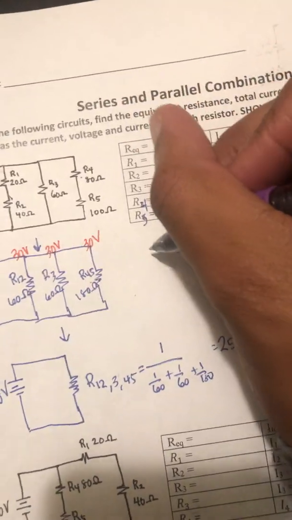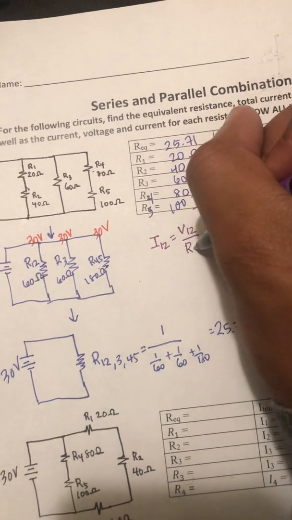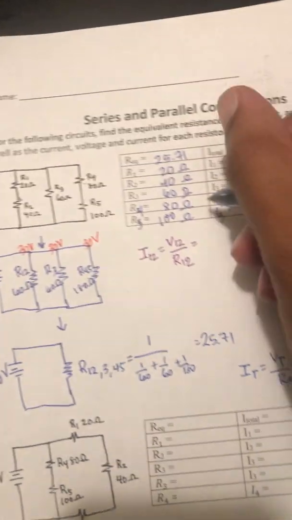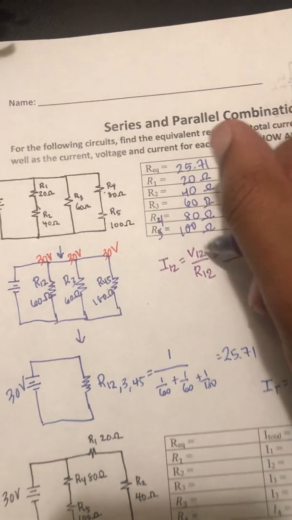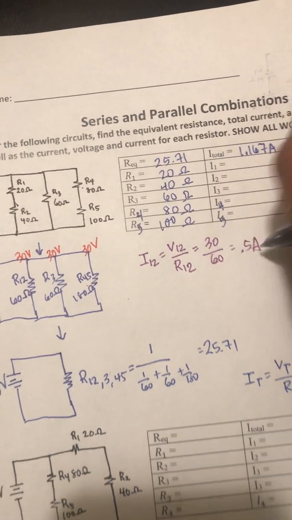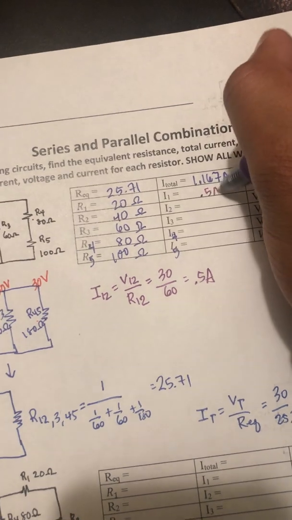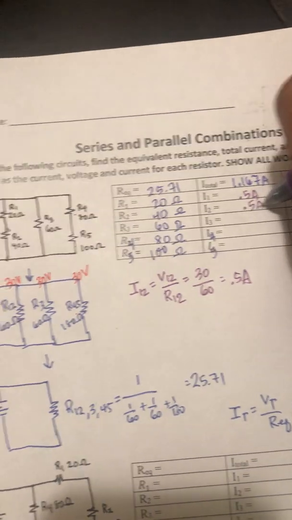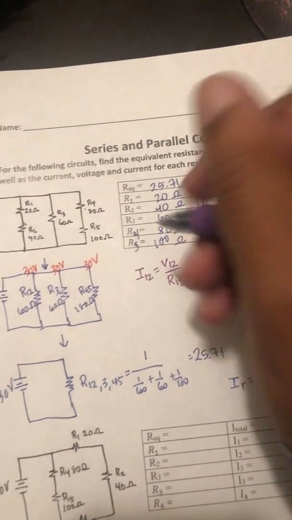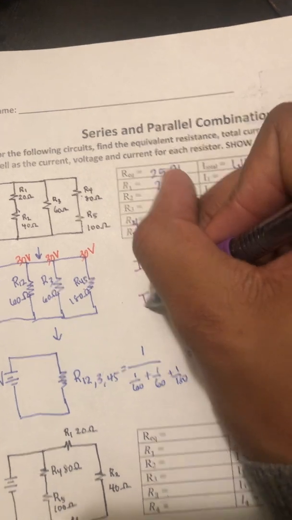So for 1 and 2, I12 is equal to V12 over R12. V12 is 30 volts, and R12 is 60. So that gives me 0.5 amps. So let me do 0.5 amps for 1, 0.5 amps for 2, because they're in series, same current as here. Now let's do 4 and 5.